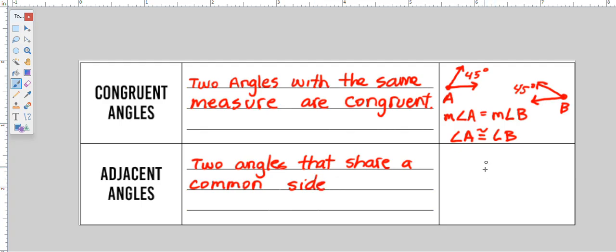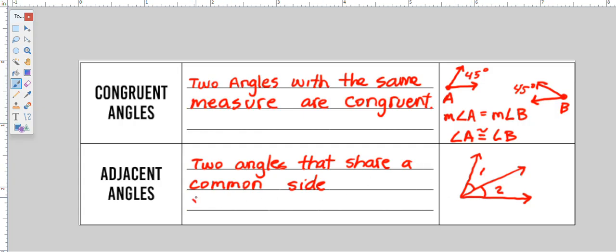So here we have, I'm just going to draw the whole picture first, then we can talk about it. We'll call this one angle 1, and we'll call this one angle 2. 1 and 2 are adjacent to each other.